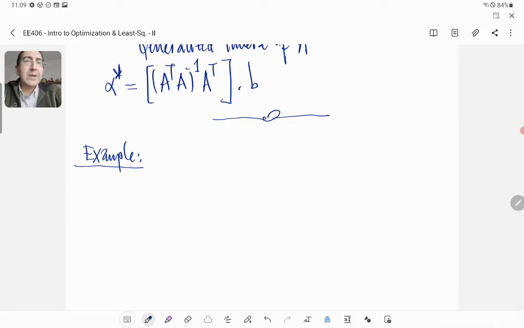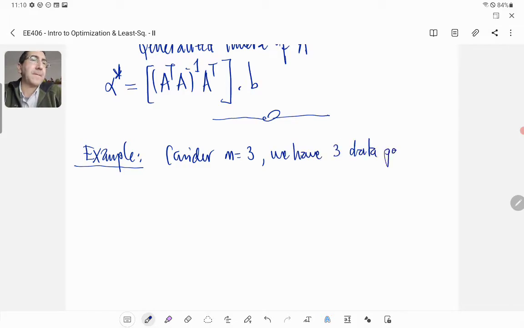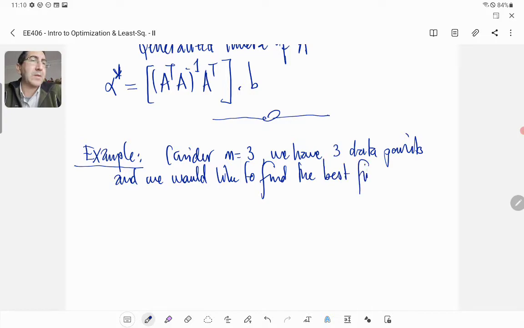Now let's consider that we have three equations, so M is equal to 3, so we have 3 data points, and we would like to find the best fitting line to this set of data.